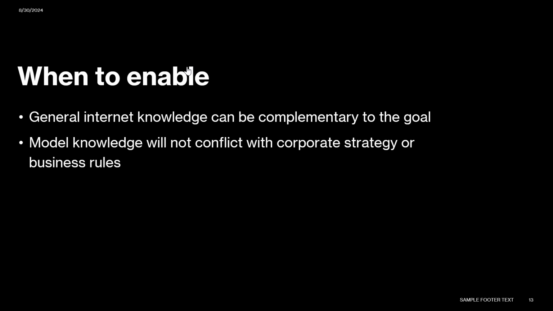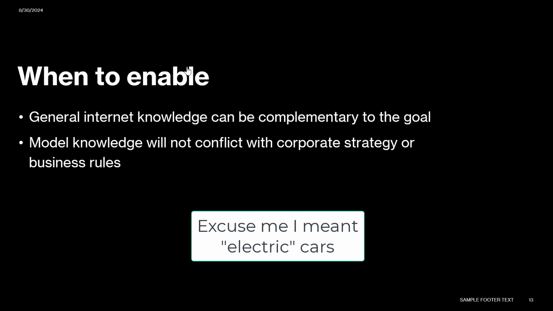Okay, so I'll give you an example of another thing here. You want to think about conflict with your corporate strategy or your business rules. Let's say I'm Contoso Car Company and I sell electric cars. My corporate strategy is to sell X amount of cars over the year and to grow my business in selling electric cars.